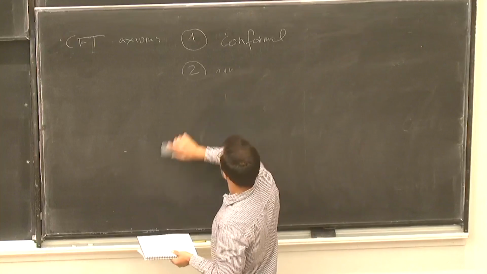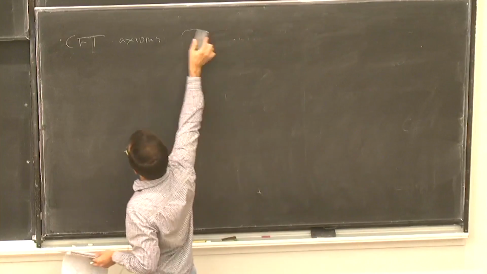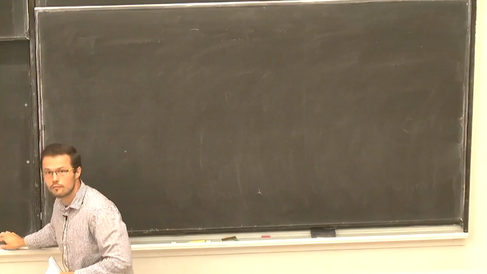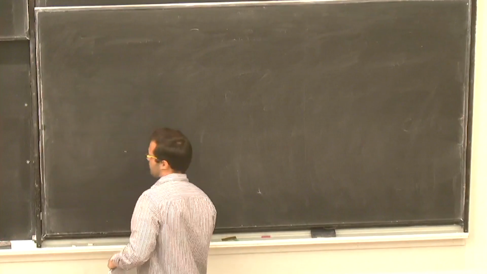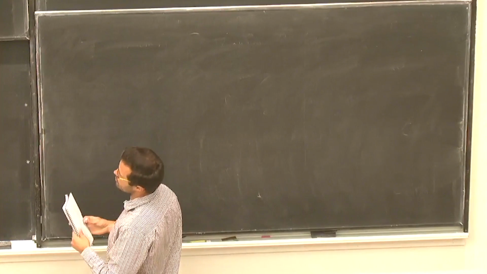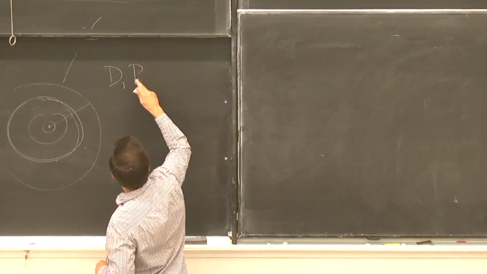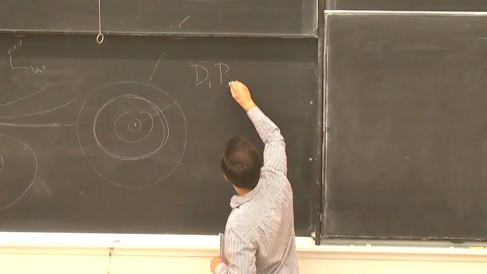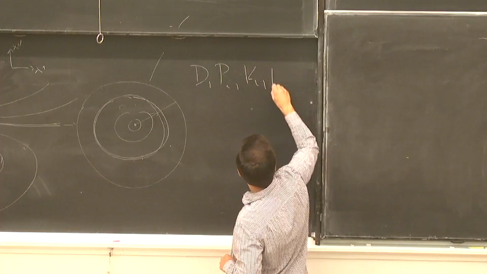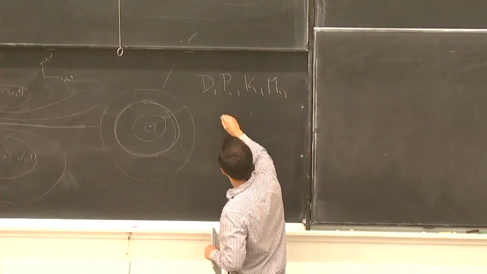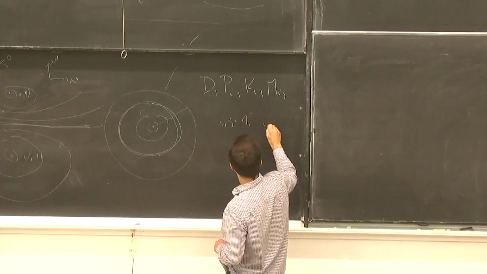So now we'll have a set of Euclidean generators. We'll have a set of generators D without any L subscript, P_i, K_i, and M_ij, where now i and j run from 1 to d.